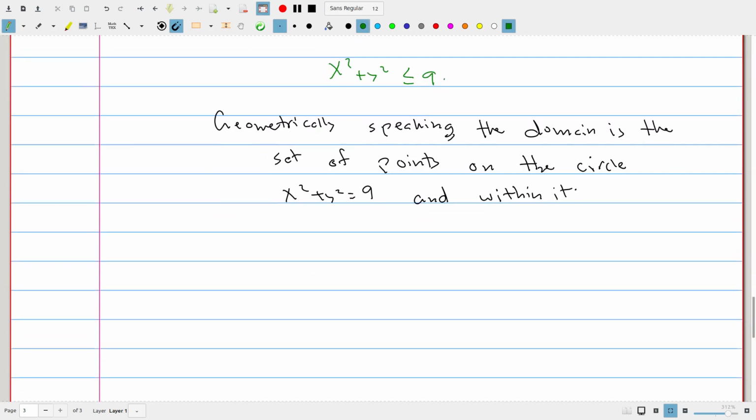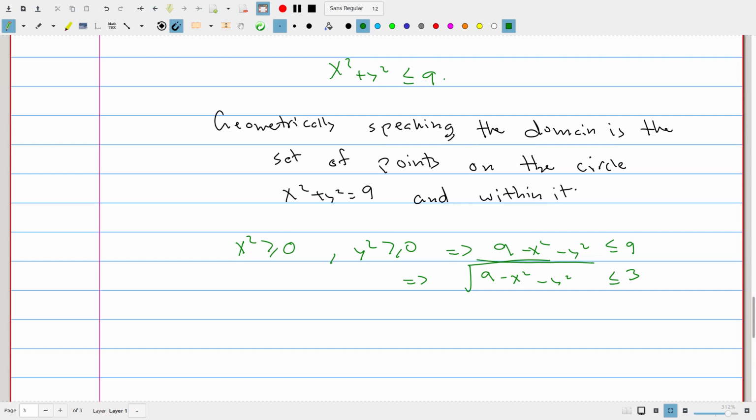Let's find the range. x squared is greater than or equal to 0, and y squared is greater than or equal to 0. So this tells me that 9 minus x squared minus y squared is less than or equal to 9. This tells me that the square root of 9 minus x squared minus y squared is less than or equal to 3.